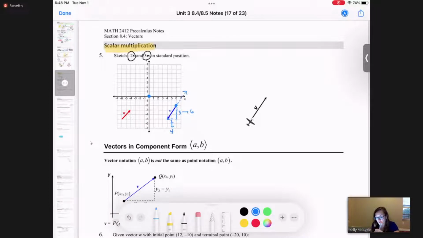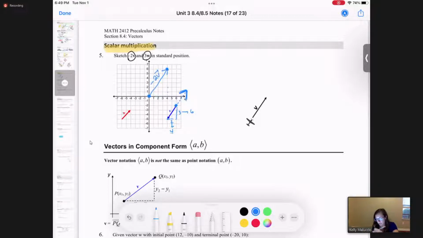Okay, so I started at the origin and I say I want 4 units to the right, 3, 4, 5, and 6 units up, and I'll draw my point there. And the arrow I want in the opposite direction. So I'm just going to draw it. Okay, that's like a curve, so that's not even straight, but it's okay. So I'm going to draw it like this, and this is negative 2 times v, right?